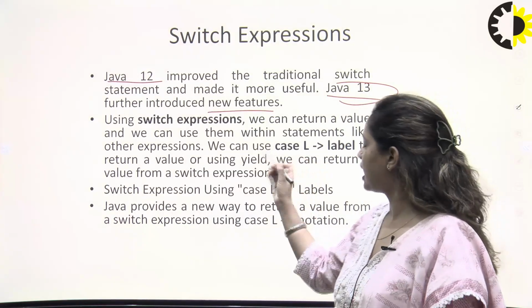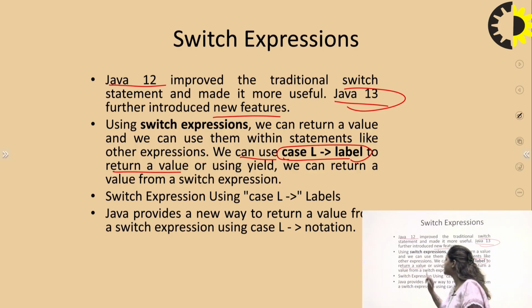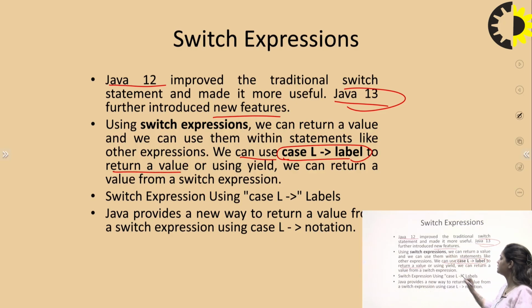In the switch expression, some case labels are used which were not previously used in the primitive switch statement. Along with that, in order to return a value from the switch expression, we use a keyword known as yield. Like we use a return keyword in a method in Java, the same role is played by yield in the switch expression.